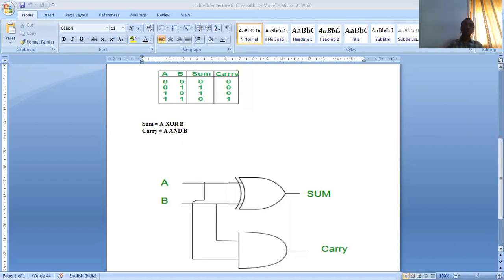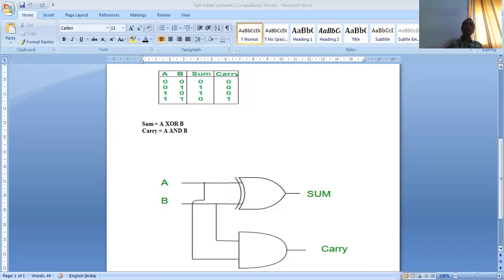This much time, that is half an hour, I have given for this point. This is because this is the basis of the next point, that is full adder and 4-bit binary adder.